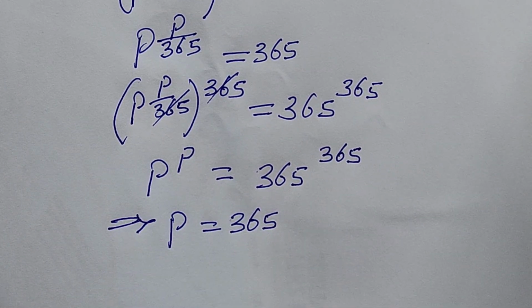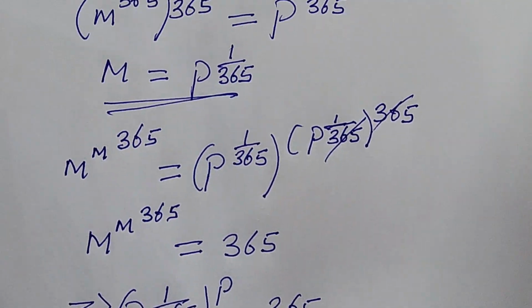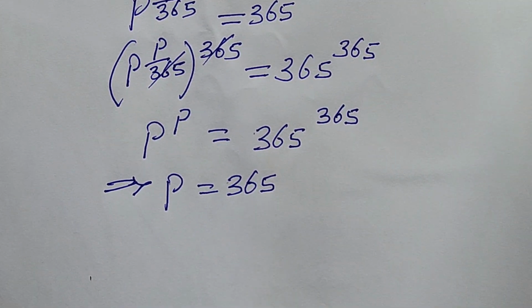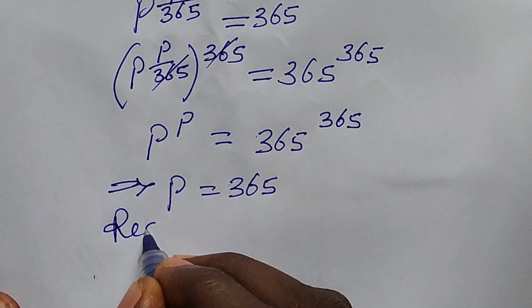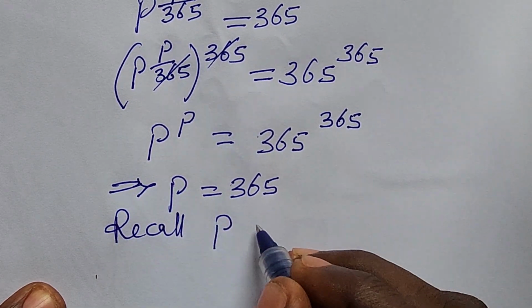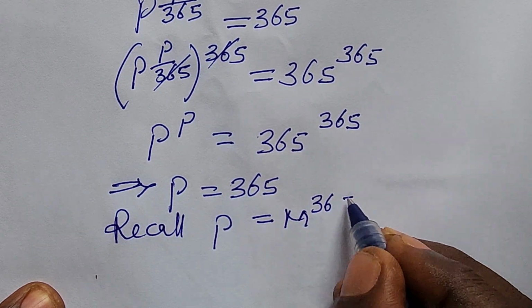Okay, but remember we said let p be equal to m to the power of 365. Remember that? This expression we have here now. Okay, so we can now say, recall that we said p is equal to m to the power of 365.